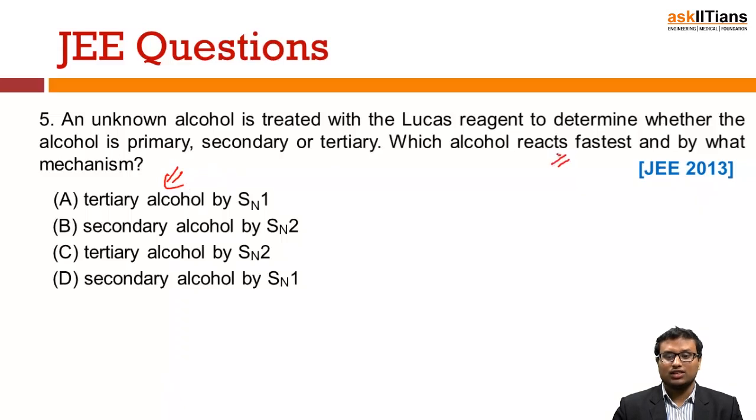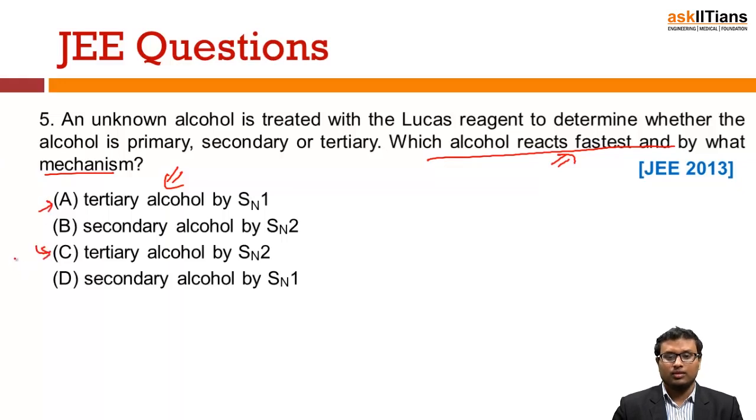The rate of reaction of a tertiary alcohol is fastest compared to secondary alcohol, and in Lucas test, primary alcohol is not at all getting reacted, right? So the options are, we will go for that option which is having tertiary alcohol, right? Because it specified which alcohol reacts fastest and by what mechanism. So you will go for either A or C.